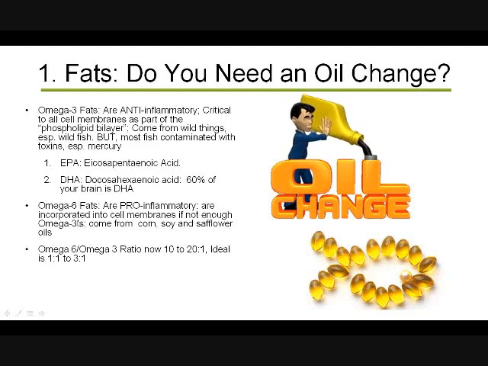The omega-6 fats are pro-inflammatory, but we need inflammation at times too. It's the balance. So the normal balance of omega-6 to omega-3 should be about 1:1 to 3:1, and now it's 10 or 20 to 1. Why? Because of all the processed foods that we have available to us, made with safflower and corn oils that were government subsidized.